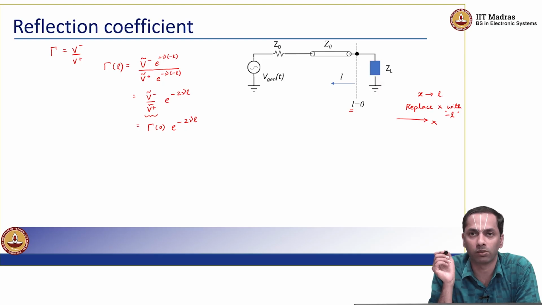So l equals 0. So if I were to know the V plus and V minus phasors at l equals 0 near the load, then I can get the ratio of the forward and backward propagating voltages at any position along the transmission line, and that will essentially now be length dependent, right?